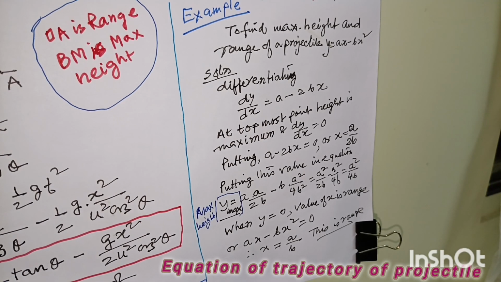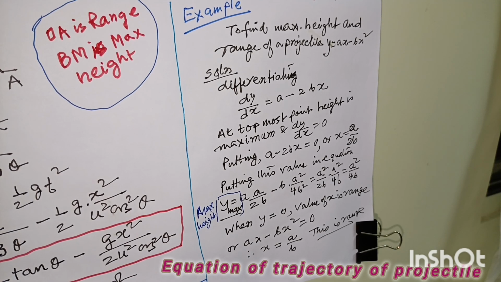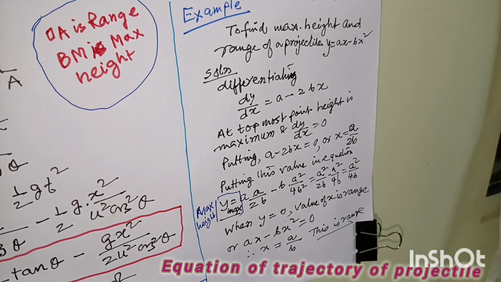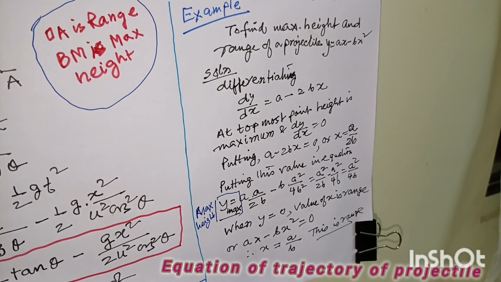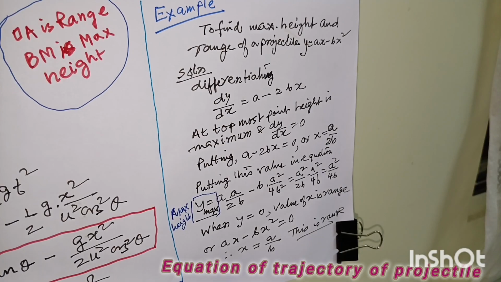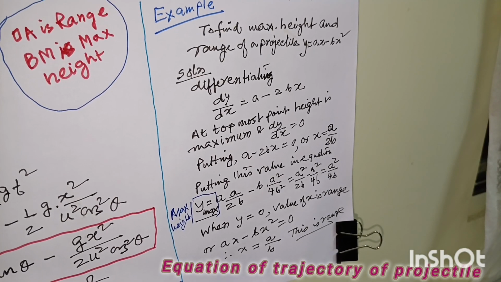That means when the value of x is a by 2b, which is the displacement in x direction, at that point the particle reaches the topmost point. So we will now find y by putting this value of x in the formula of y. That will give us y maximum, the maximum height.